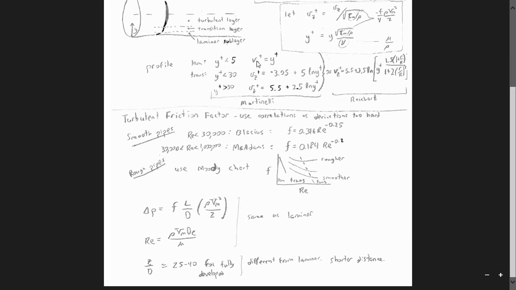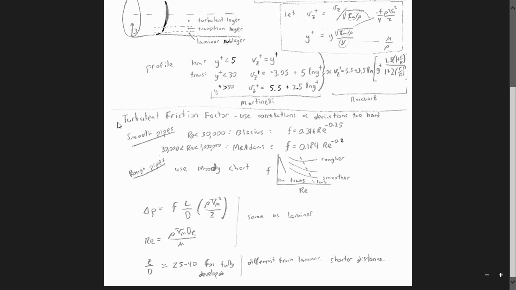So you can calculate Vz plus at every position y plus. Then, for those positions y plus, solve for y, and for those modified velocities Vz plus, solve for Vz. And that way, you're plotting the actual velocity Vz versus the actual position in the tube y.